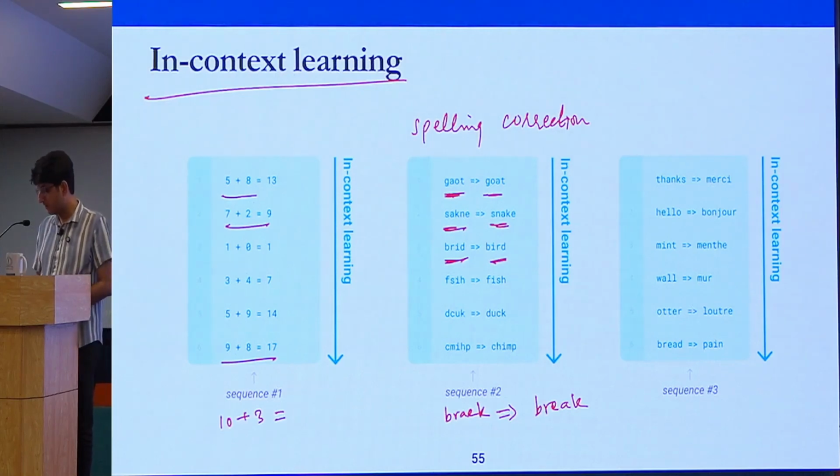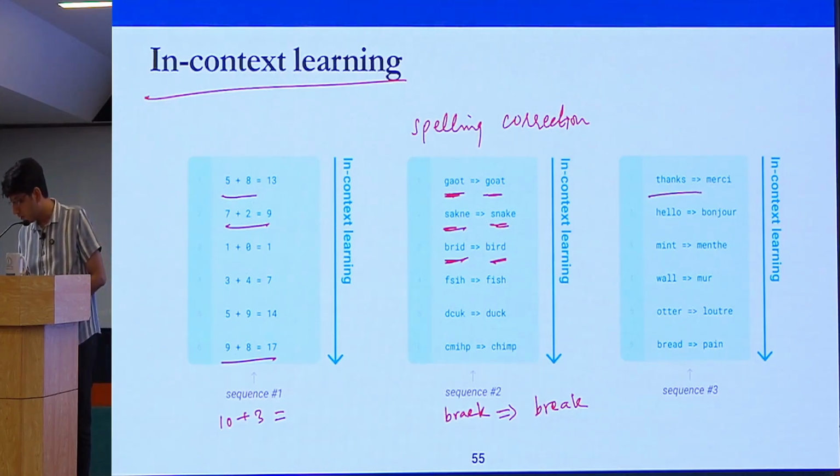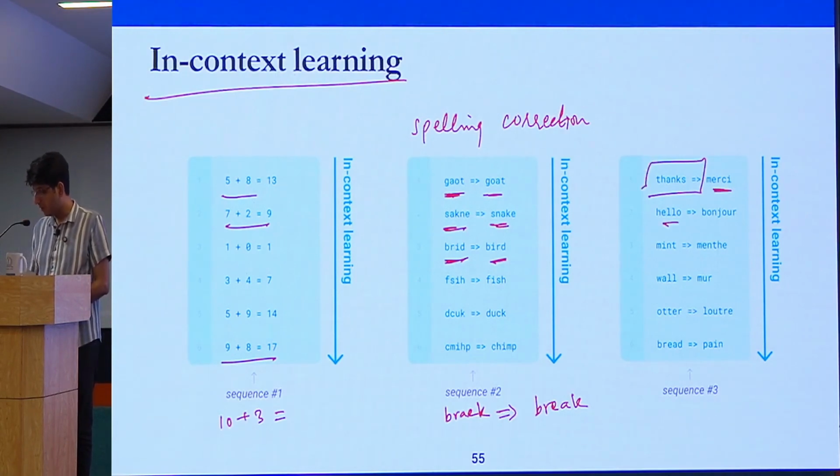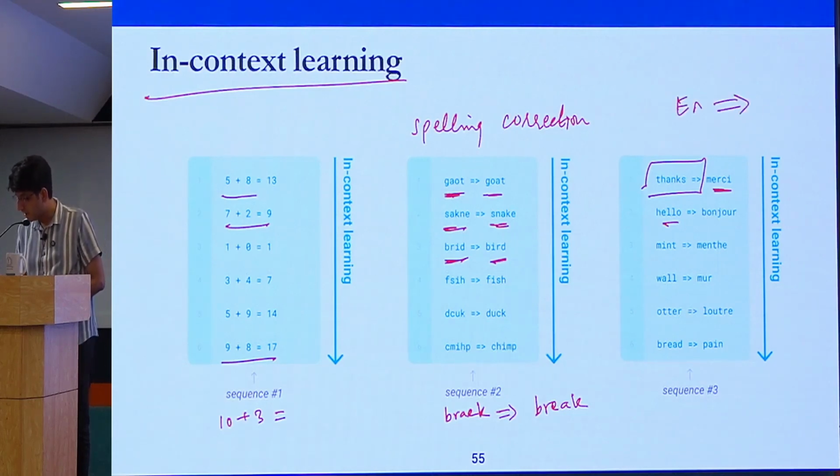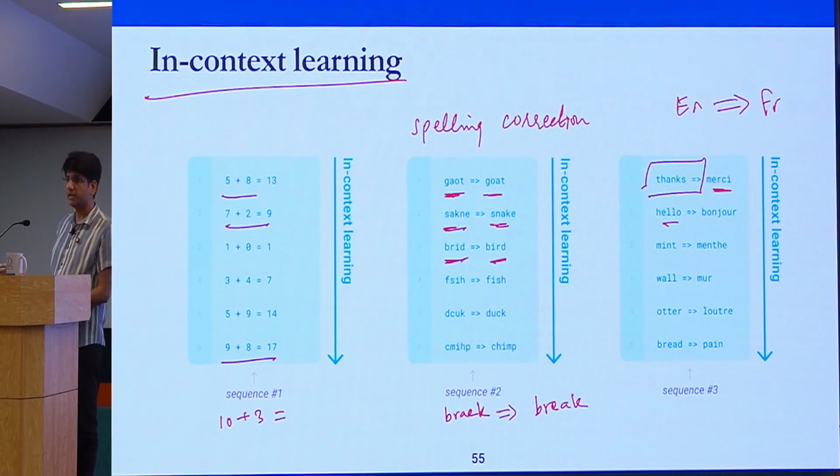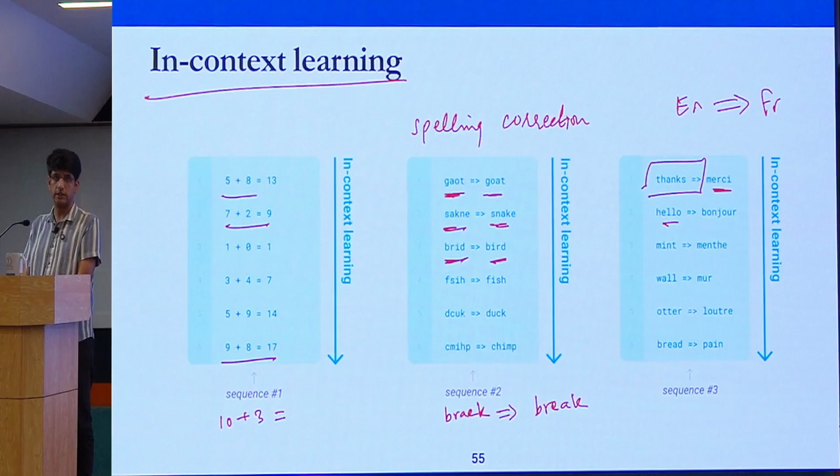Similarly, if you want to say English thanks, French is merci. Hello, bonjour. You can convert this into an English to French translator just by giving some examples. Same model is doing addition, same model is doing translation. The only difference is context.